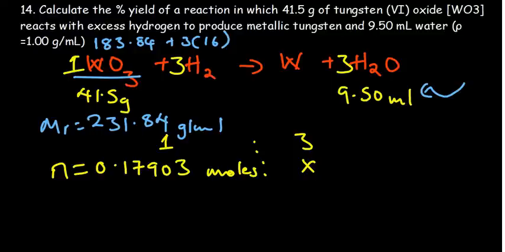So the value of x becomes 0.5371. So that's the number of moles of water that we expect to be produced after this number of moles of the tungsten 6 oxide has reacted with hydrogen gas.